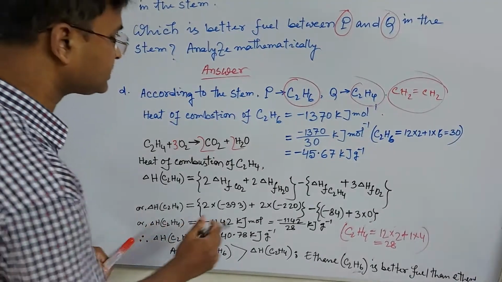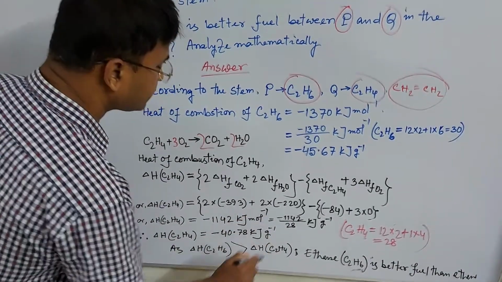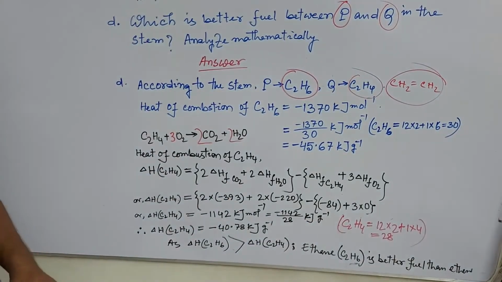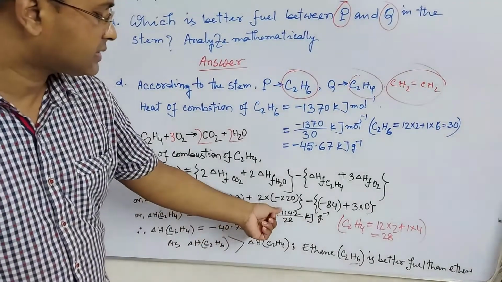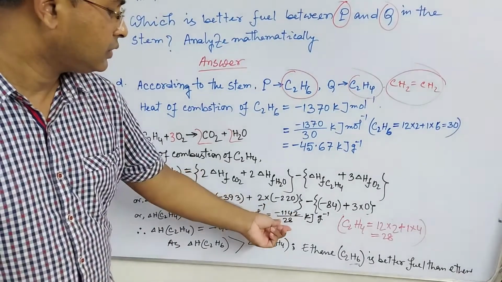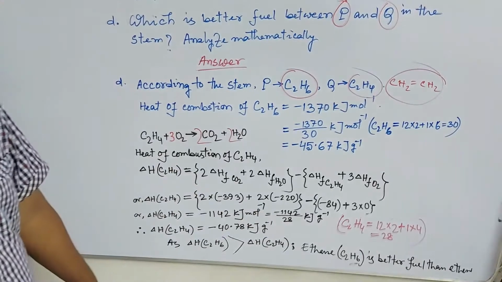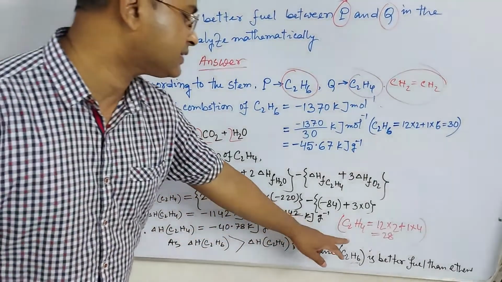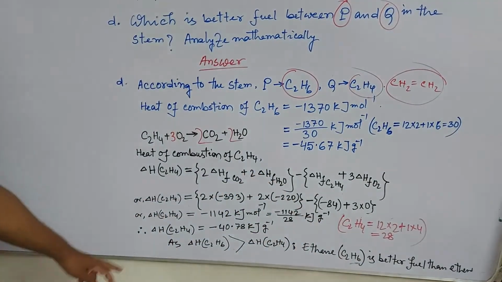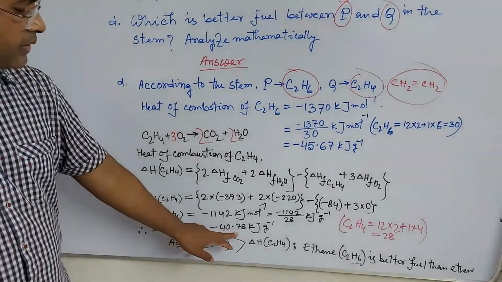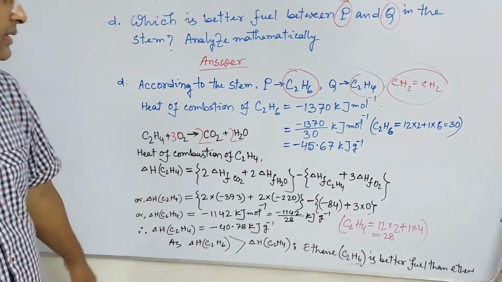My dear boys, if you want to convert it from kilojoule per mole to kilojoule per gram, you have to divide minus 1142 by 28, as the molecular mass of ethene is 28. So the heat of combustion of ethene is minus 40.78 kilojoule per gram.